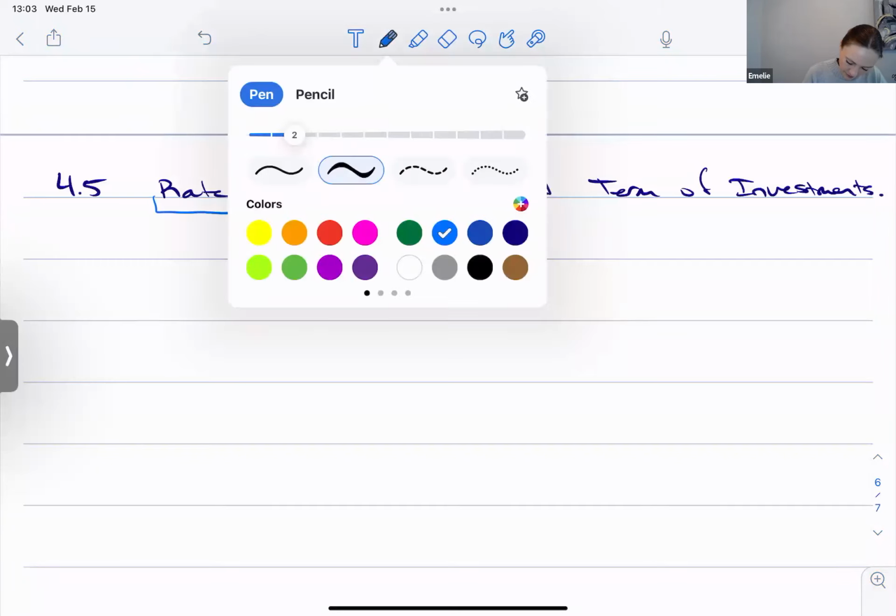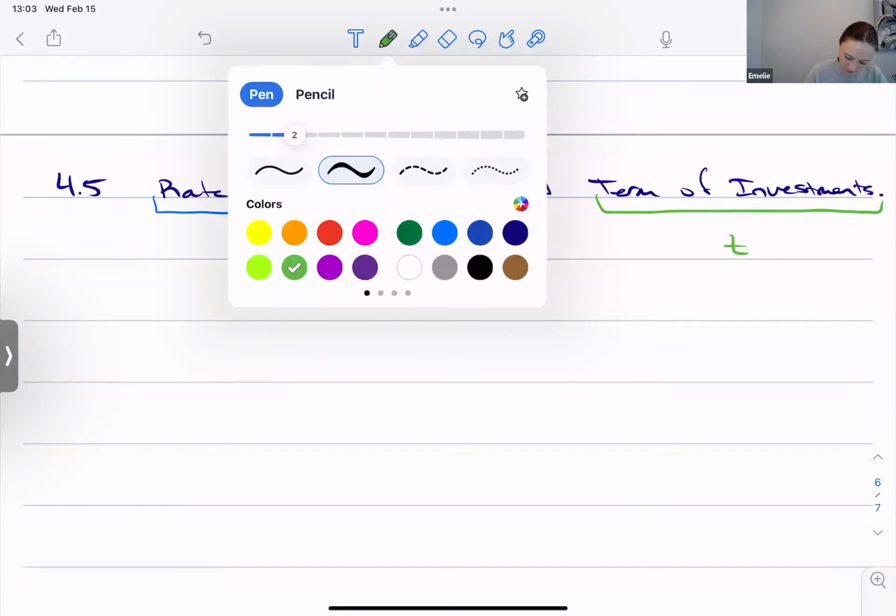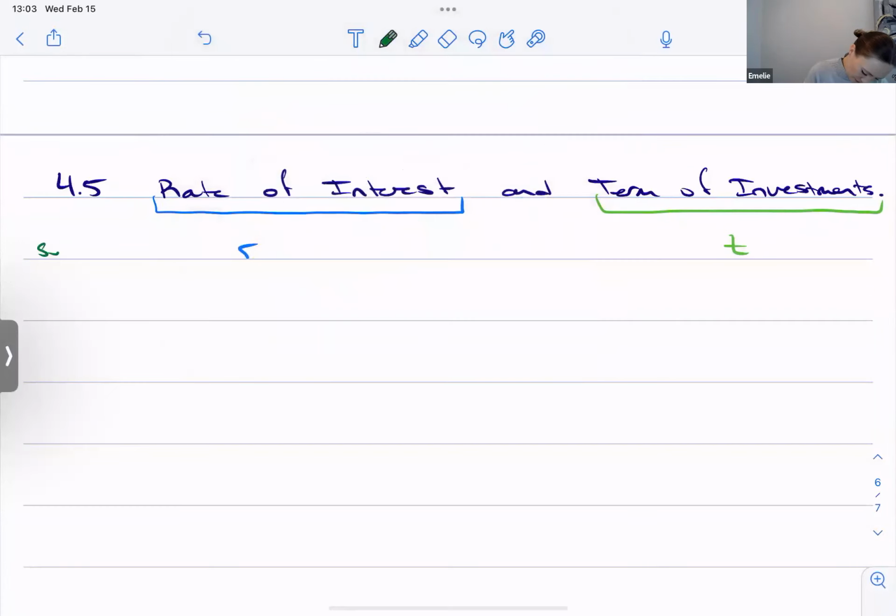R and T. Right, so really here, solving for R and T is what we're about to do now. Okay.